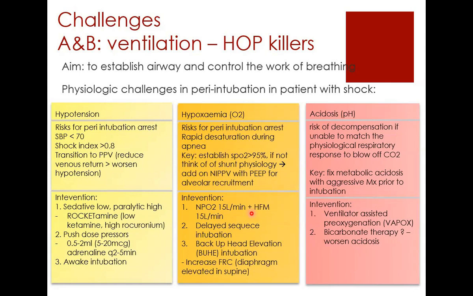If unable, then you have to think the patient probably has some shunt physiological abnormality, which can happen in pulmonary embolism. To tackle it, you can give extra PEEP, or change the patient to non-invasive positive pressure ventilation, which we also call VAPOX, ventilator assisted pre-oxygenation.